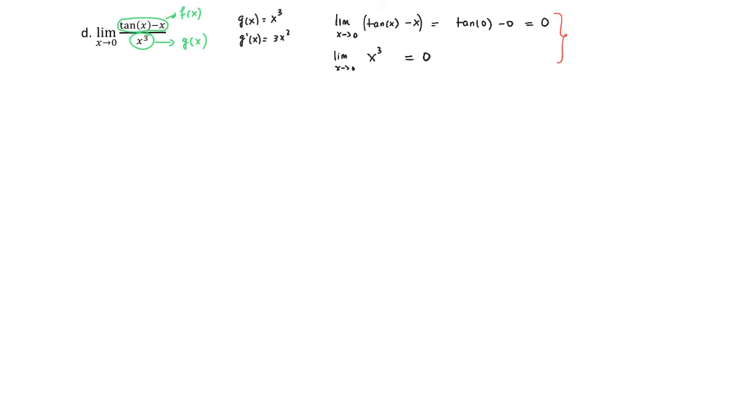So this is showing that indeed this limit gives me the indeterminate form 0 over 0. So that means that I am ready to apply L'Hopital's rule.